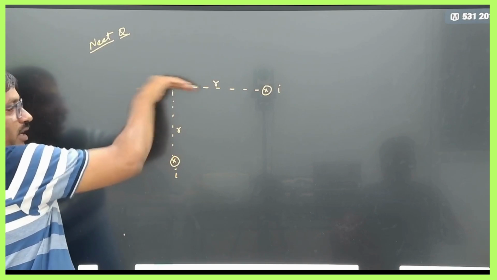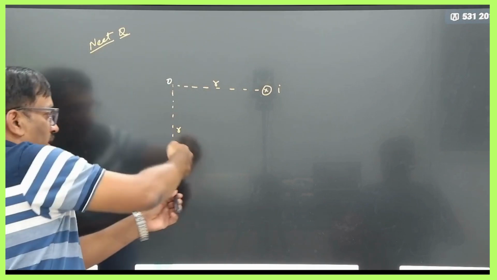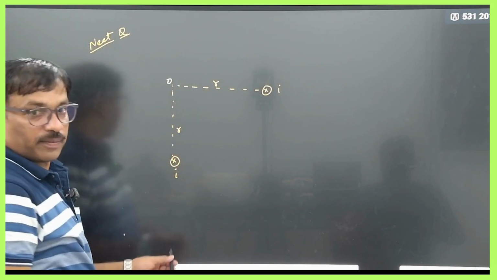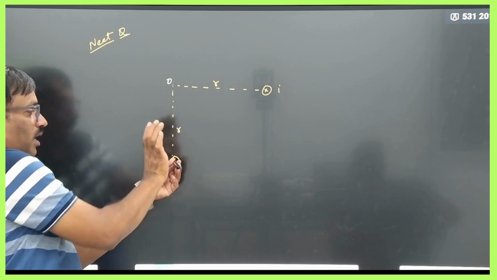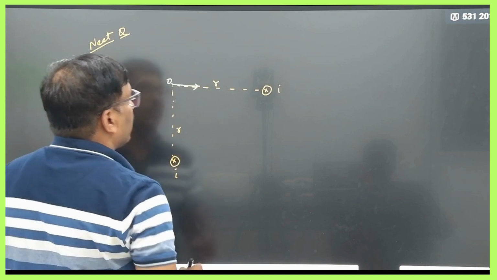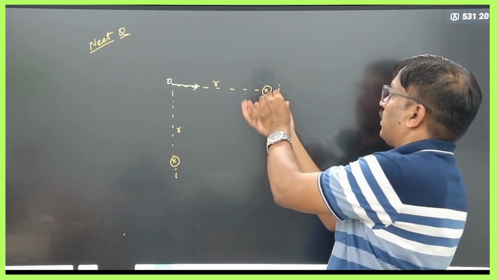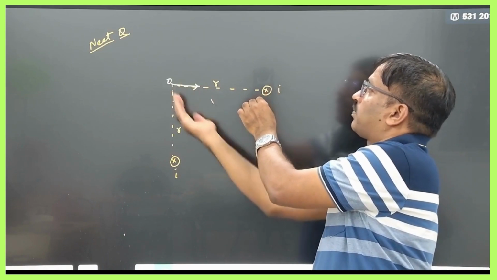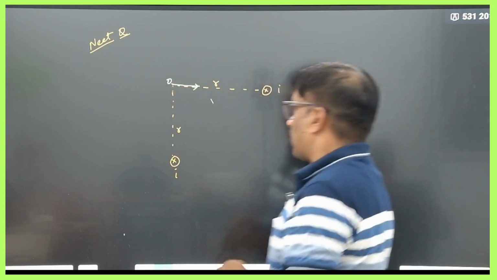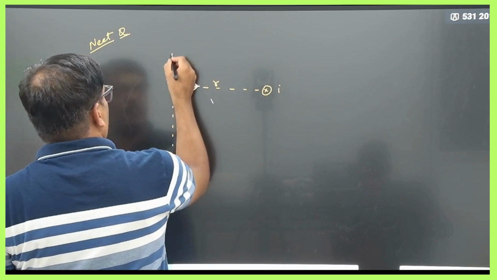So this is your magnetic field at this point, right? Like this, it is going to infinity. It is going backside to that infinity. Clear? So therefore this is a current, so the magnetic field at this point will be toward this side. And this also is infinite, therefore this is a current, so the magnetic field at this point will be upward. So the magnetic field due to this one is upward.